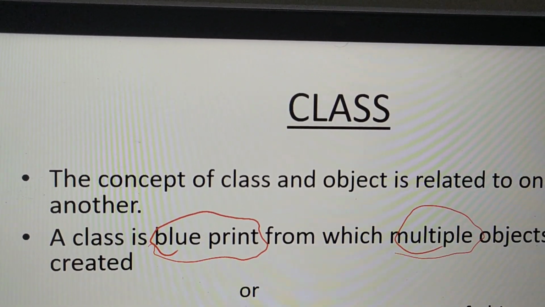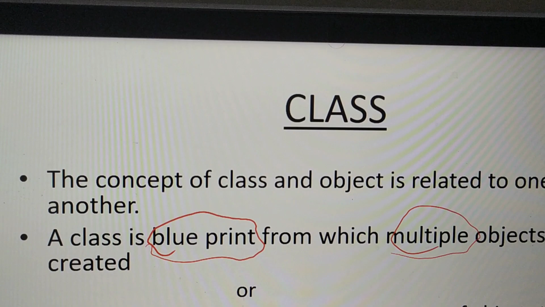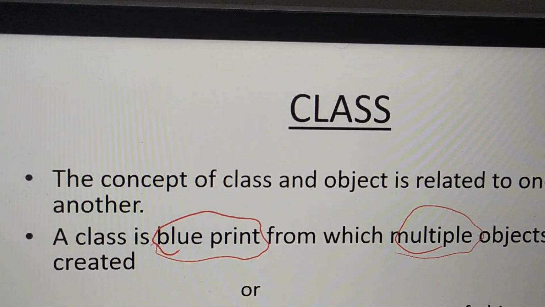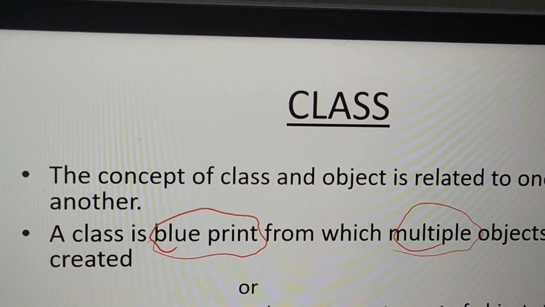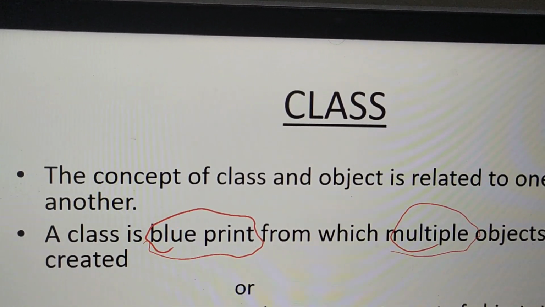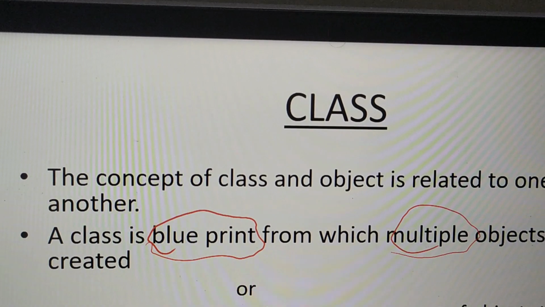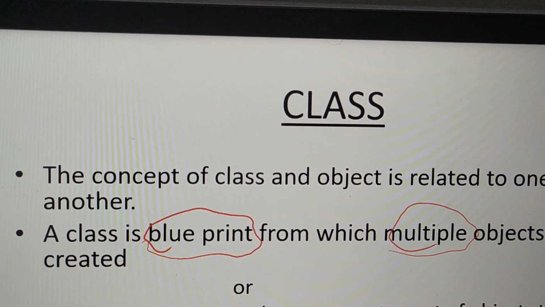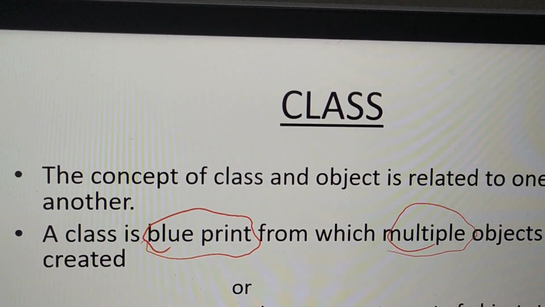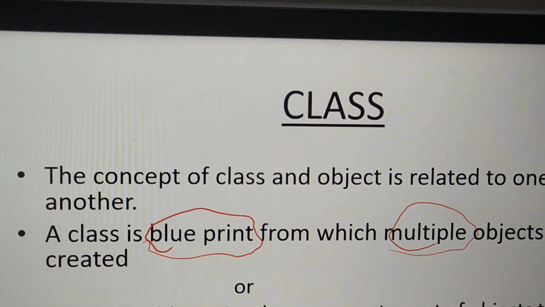When the design is on paper, that is the virtual one, but when the mason prepares the house, that is the final product, the real one. So the real one, the house, is known as an object, and the diagram, design or plan made by the architect on paper is called a blueprint.